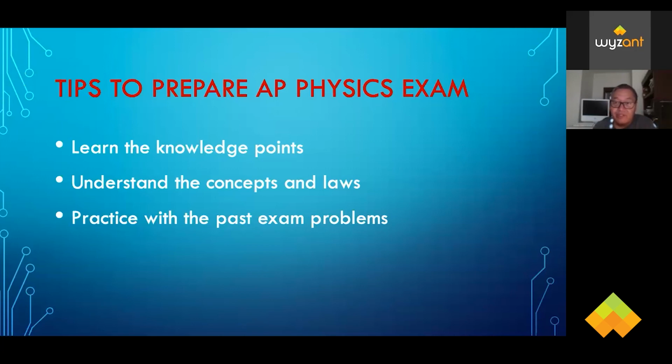What is the knowledge they will test you on? You need to know, otherwise how can you take the test, right? Also, my suggestion is the most important thing is to understand the concepts, laws, and theorems, okay? Then also very important is to practice with past exam problems, okay?